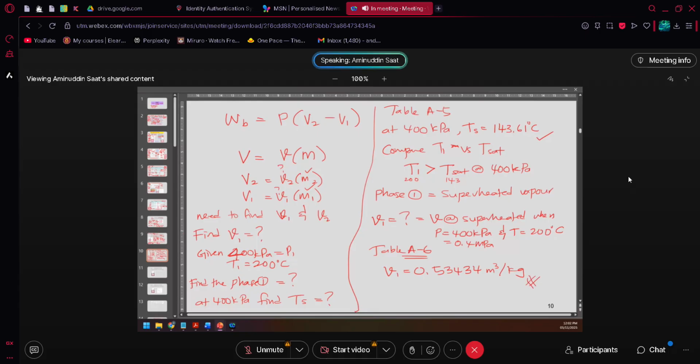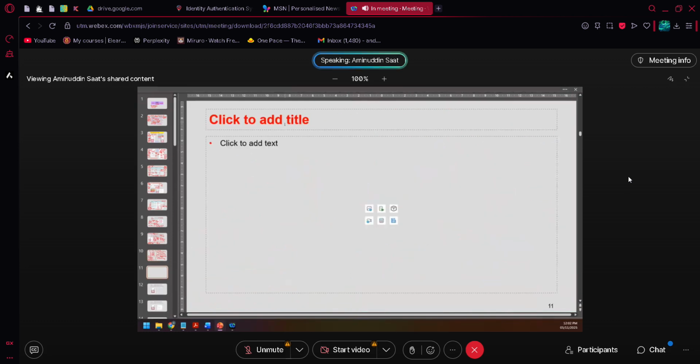So from the phase, you know it is superheated vapor, and from the given pressure and temperature, you find the corresponding property of specific volume 1. So how about V2? We repeat the same process.